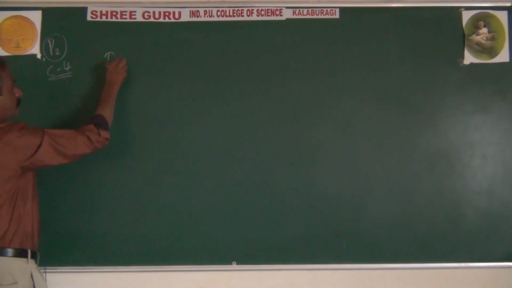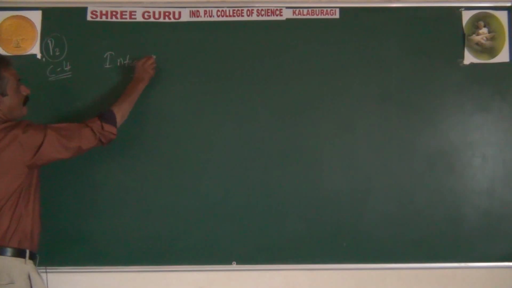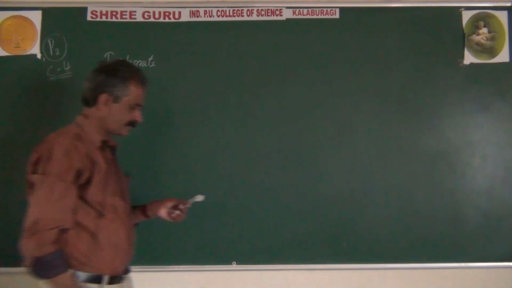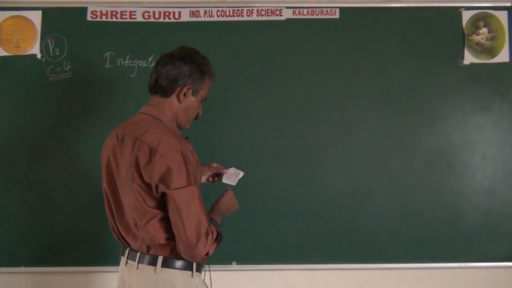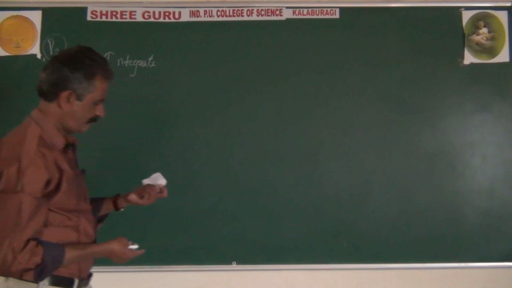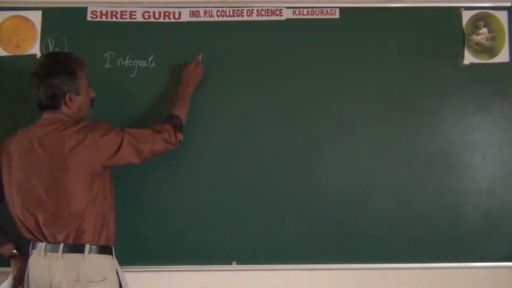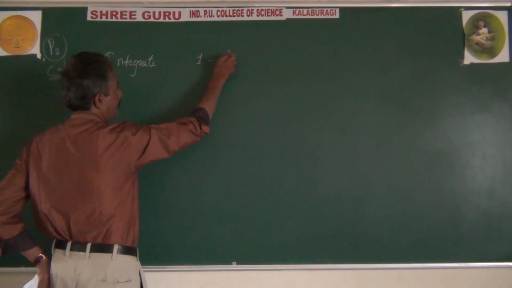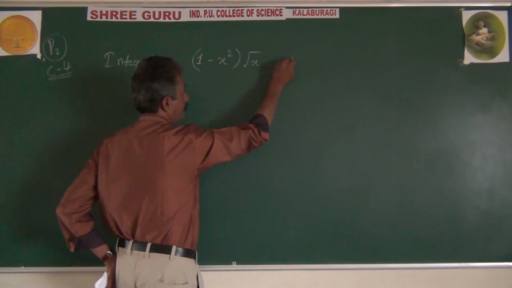Integrate (1 minus x square) into root x with respect to x.